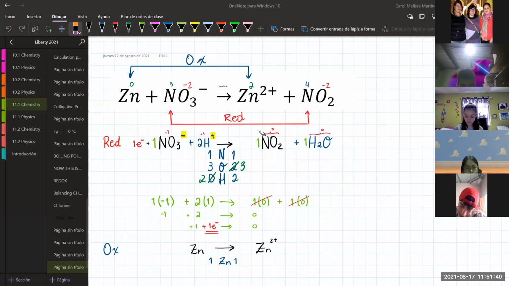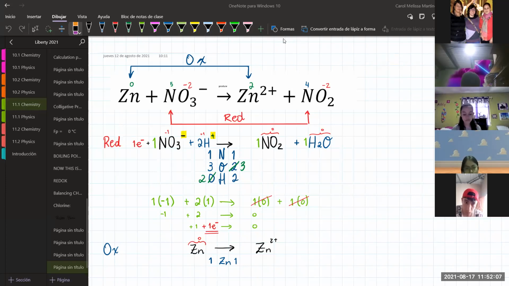I don't need to add hydrogen, I don't need to add oxygen. Now, all I need to do is balance the charges. Remember, for pure elements, the entire charge is 0. So we need to balance the charges.